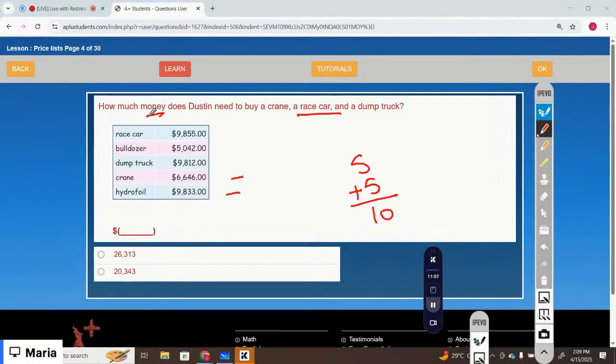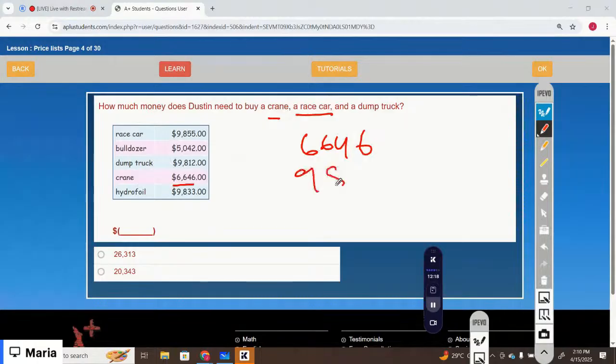How much money does Dustin need to buy a crane, a race car, and a dump truck? A crane is $6,646. A race car is $9,855. And a dump truck is $9,812. So just add and see how much money we need to buy.